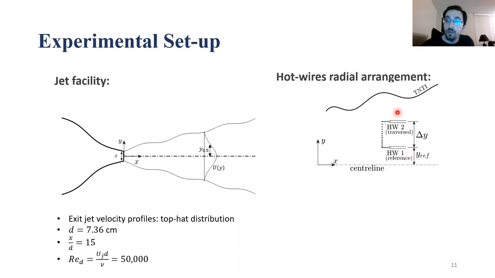And the second hot wire was traversed in the radial direction incrementally, from very far away from the first hot wire towards the fixed hot wire.